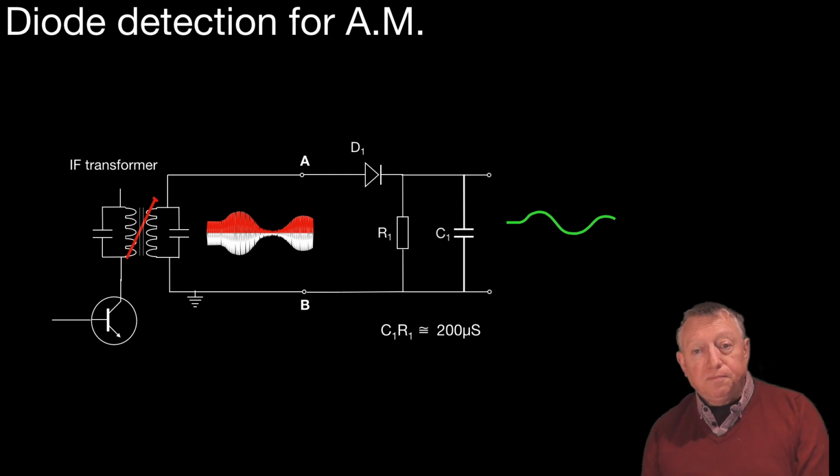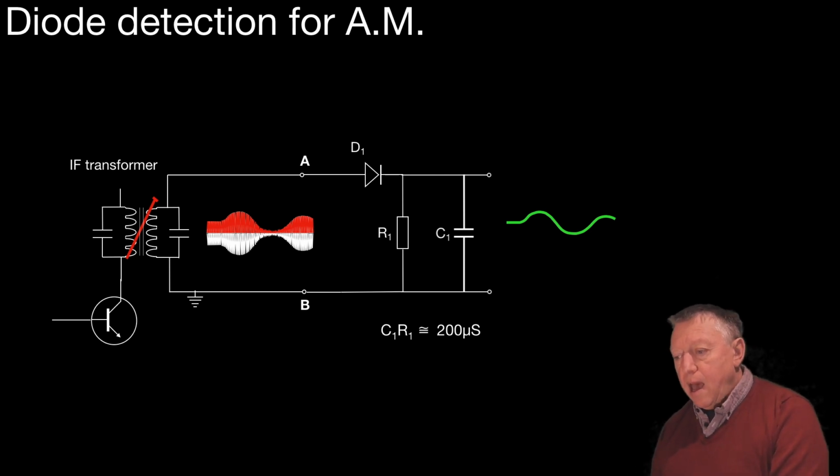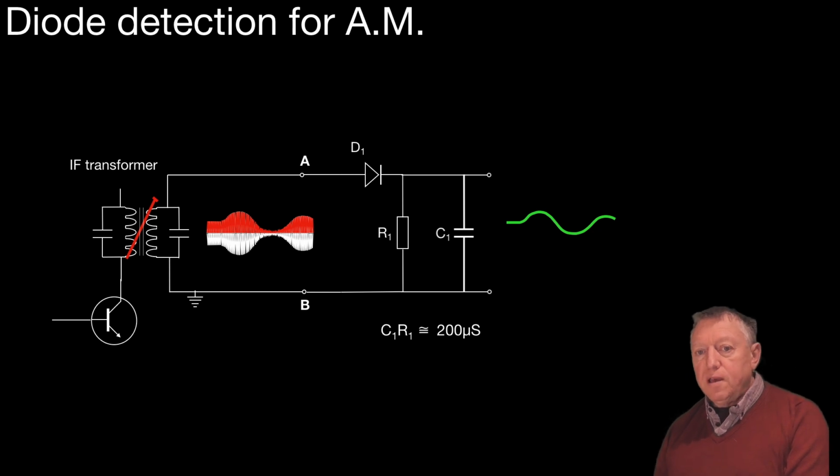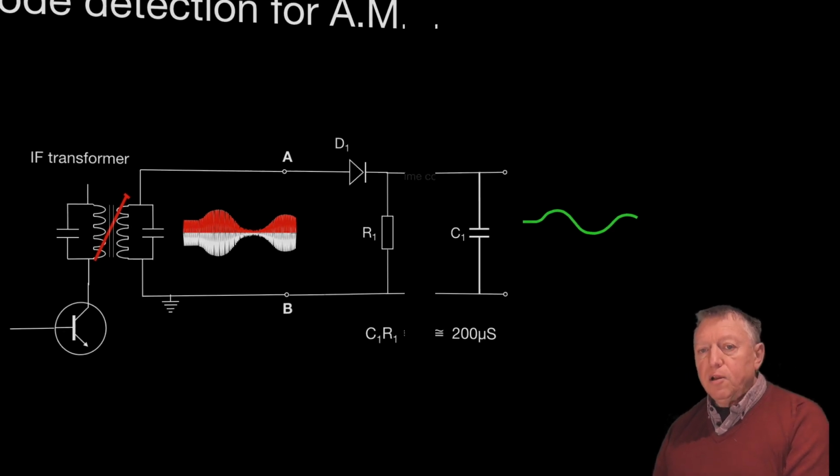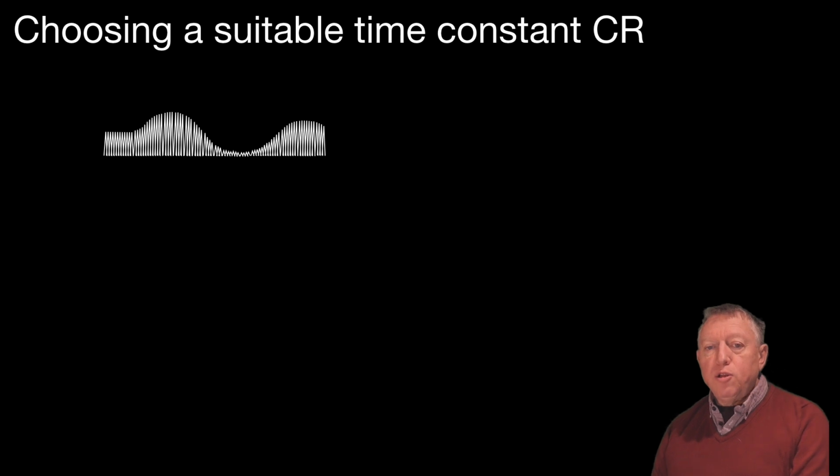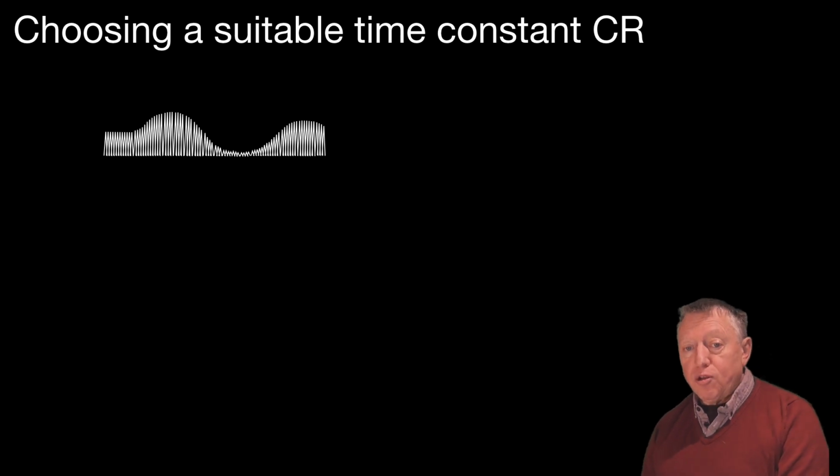Now you might say, well, what sort of values would you need for CR, and how would you actually choose an appropriate CR for a circuit? Let's have a little look at that now. Let's see how we might choose a suitable time constant without actually doing the calculations, but looking at the implications.